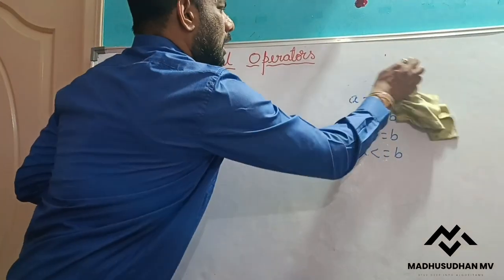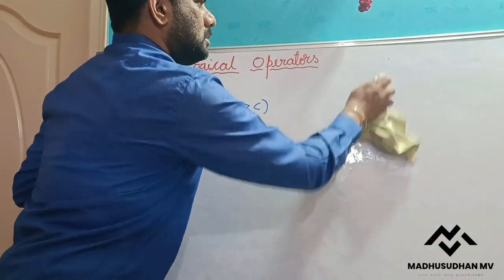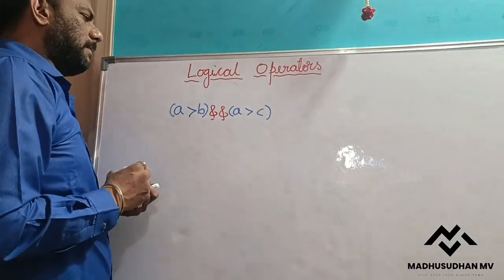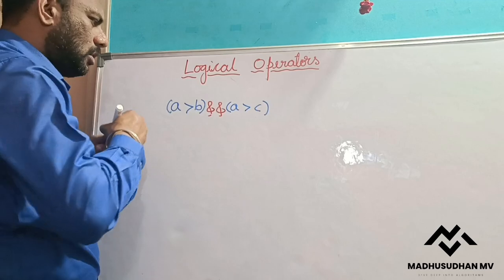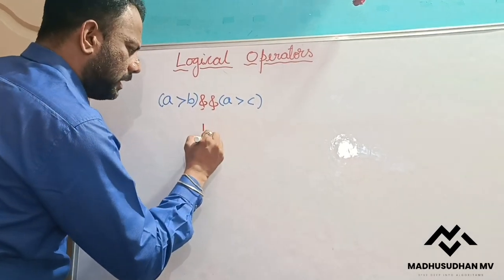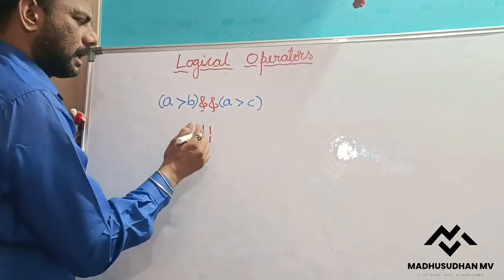Similarly, we can use another logical operator, logical OR. For logical OR we use the pipe character, two pipe characters.